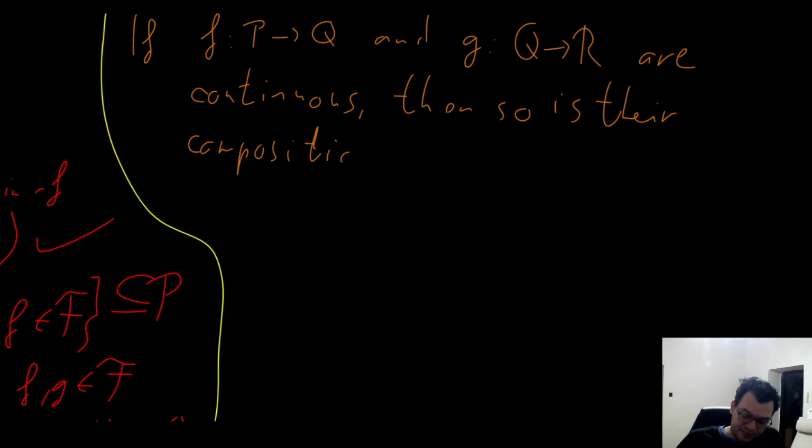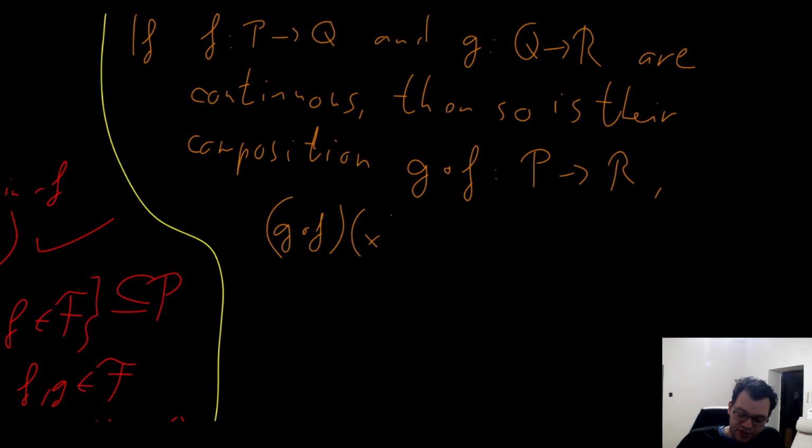Now, I think in this subject we use the notation g circle f, which is a P to R function. You can define the function if you wish. So g circle f on x should be computed as first compute f of x and then compute g on the result.